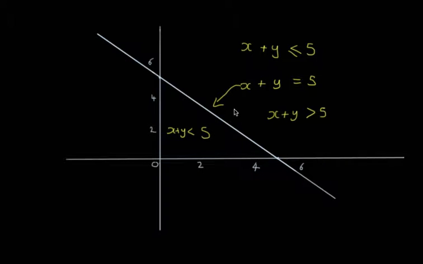And the line is x plus y equal 5. So any point underneath this line satisfies the inequality x plus y less than or equal to 5.